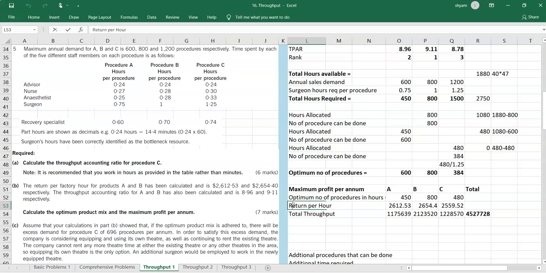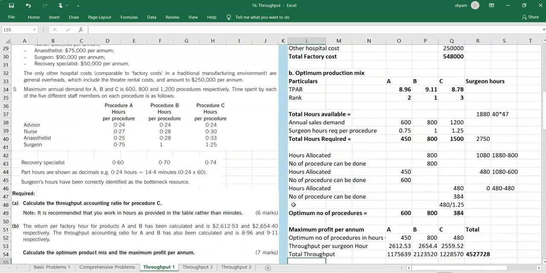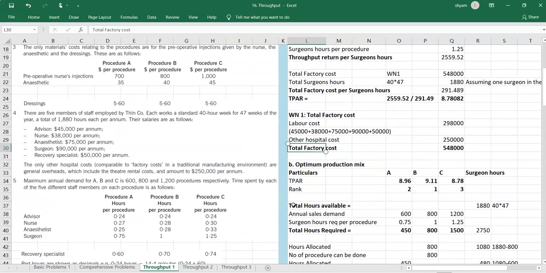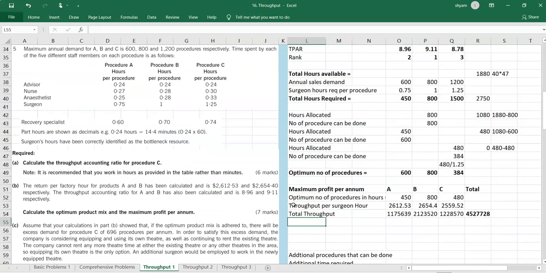Okay, and this is throughput return per hour, or throughput per hour. Okay, surgeon hour, if you want you can put surgeon hour. So we got the total throughput. If you go above, you can also get the total factory cost. We already know what the total factory cost is, so we can just get that number, and if you deduct this, we will get the profit.